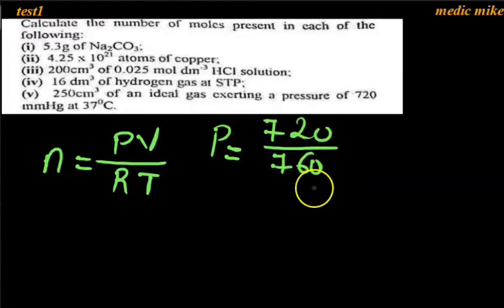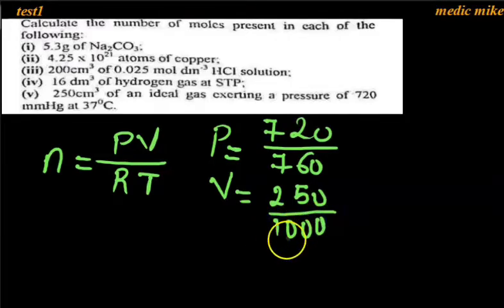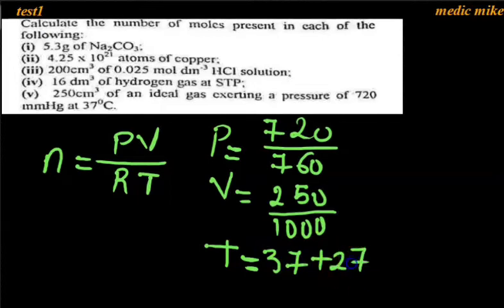Our volume must be in dm cube, and to convert to dm cube, as we have earlier said, we will divide by 1000. Our temperature too must be in Kelvin, but in the question it is in degrees Celsius, so we add 37 plus 273 to convert our temperature to Kelvin.